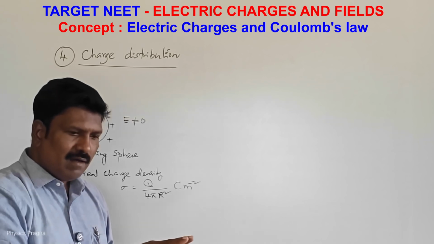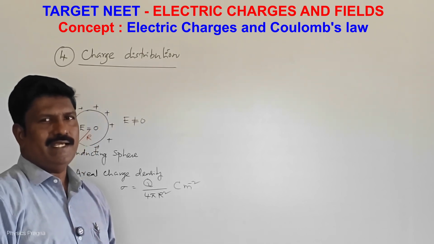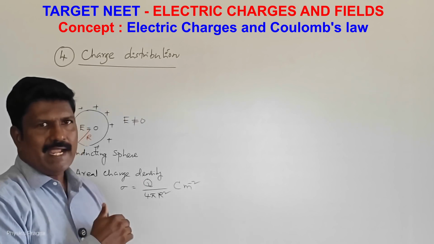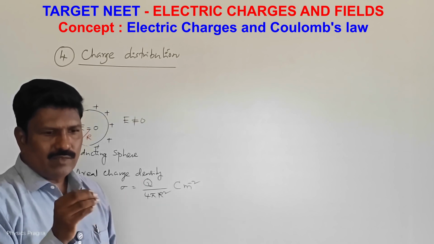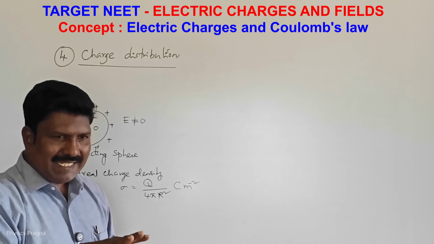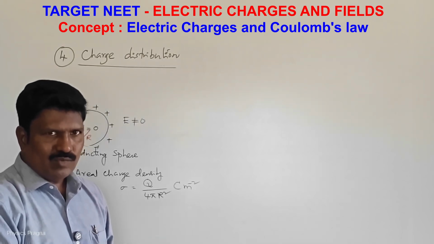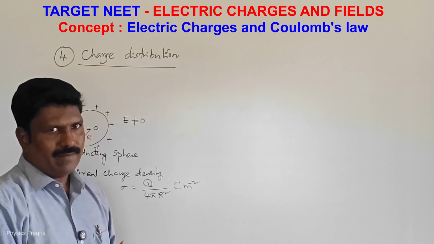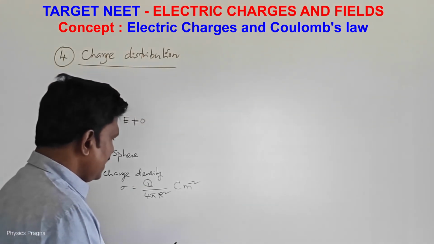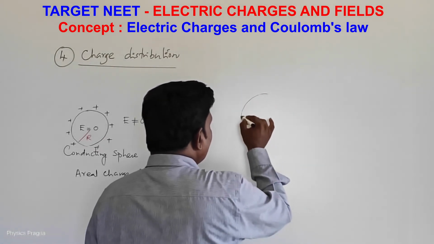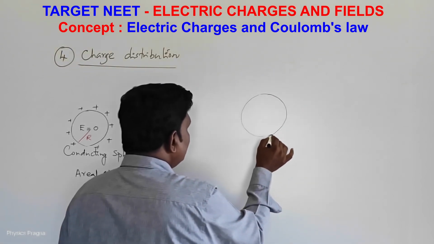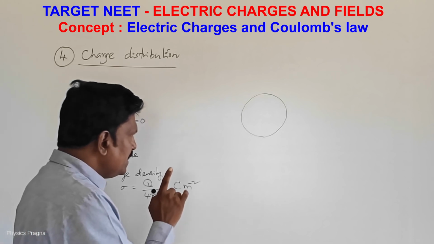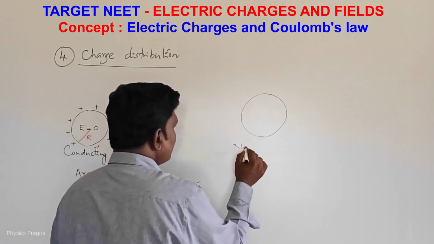In a non-conducting sheet, all the charges will reside on the area, so you can calculate areal charge density. Conducting and insulating bodies, when we give charges, they will stay there only, they cannot move. So linear charge density and areal charge density are the same. But if I take a non-conducting sphere, three-dimensional, one-dimensional, two-dimensional are the same thing, but three-dimensional non-conducting is different.